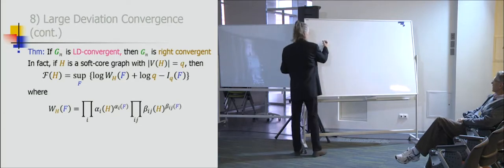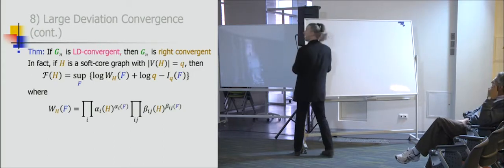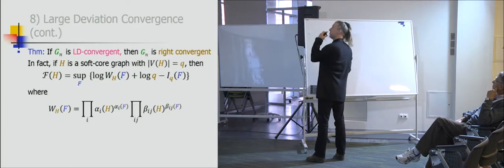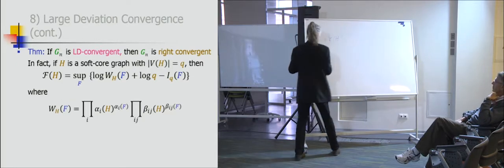Good. So when we had this partition function, this was e to the n times this free energy, which I should call f, which depends on your finite graph.